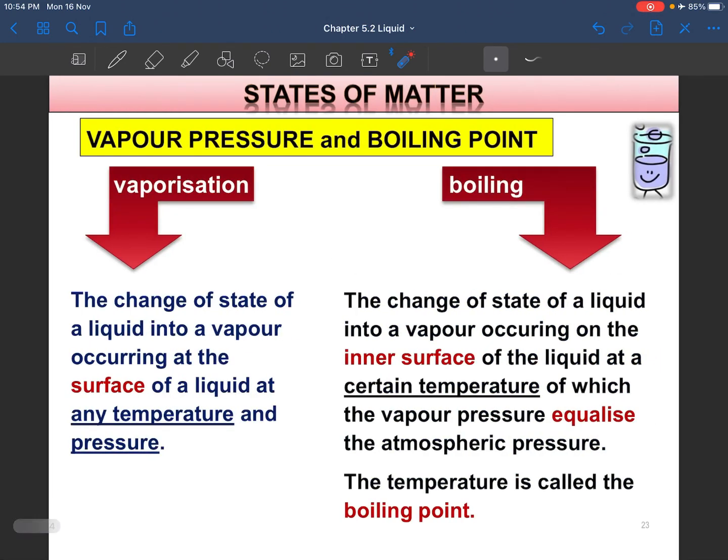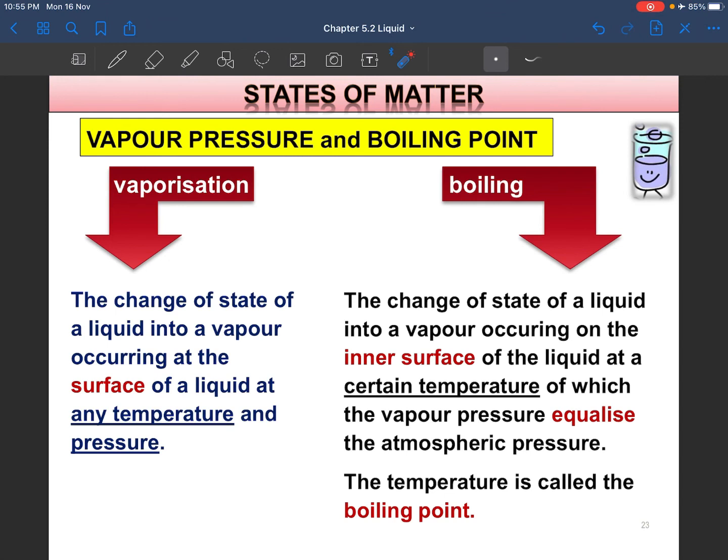Okay, so next one, ini dah macam conclusion dah. Vaporization, the change of state of liquid into vapor occurring at surface of a liquid at any temperature and pressure. Okay, so kalau evaporation tu maksudnya change of state tu berlaku dekat surface sahaja dan pada any temperature and pressure.